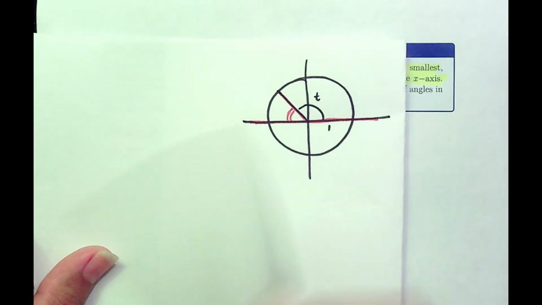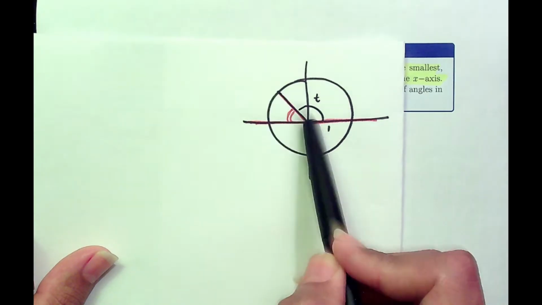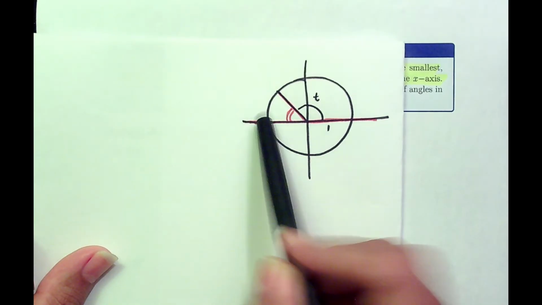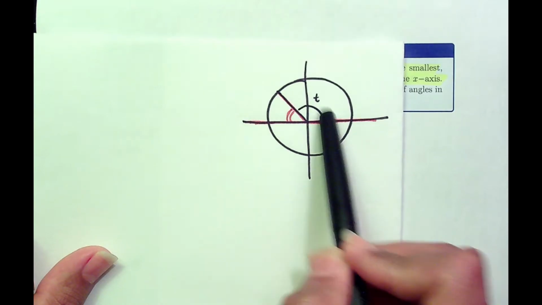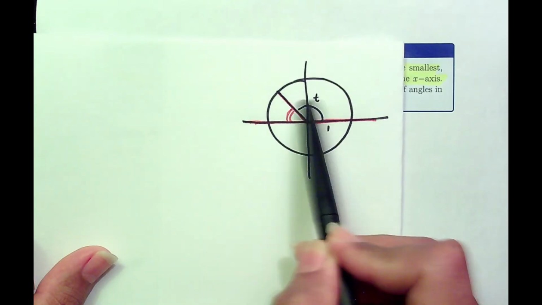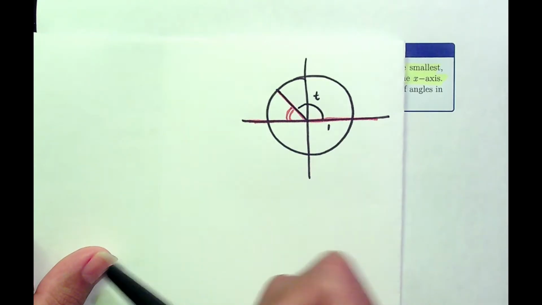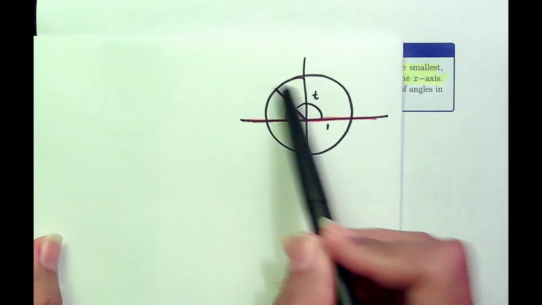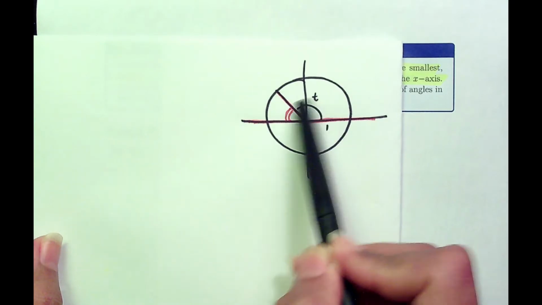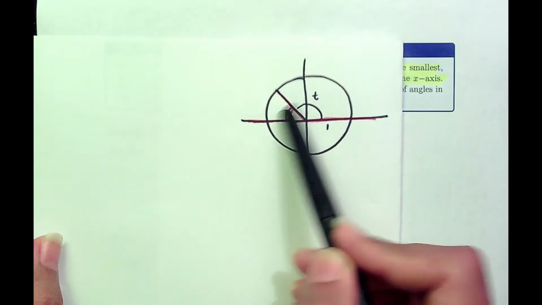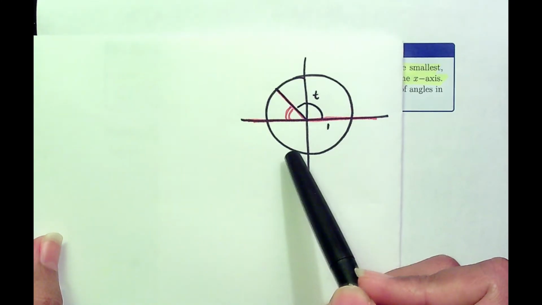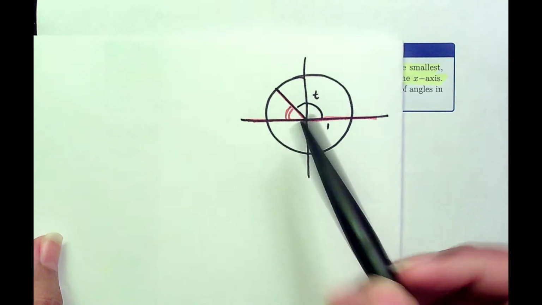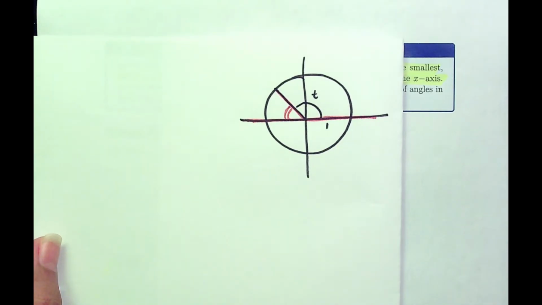So you see, when you consider the terminal side of an angle and the x-axis, there's always two angles formed, this one and that one. Whichever of the two is the smallest one, that's the reference angle. So for this particular angle T, the smallest is this one. So that one would be the reference angle in this case.